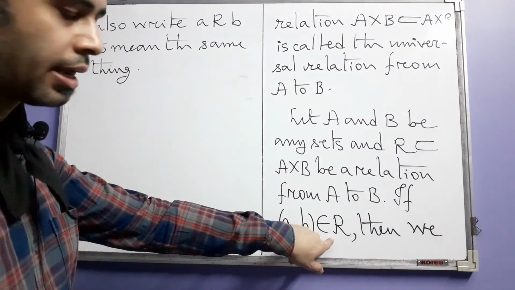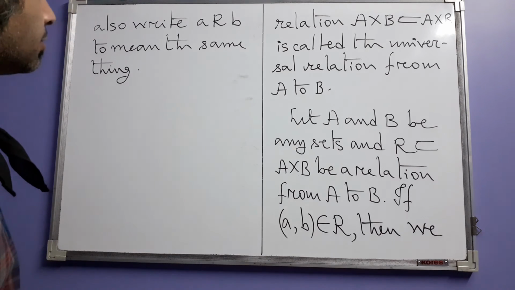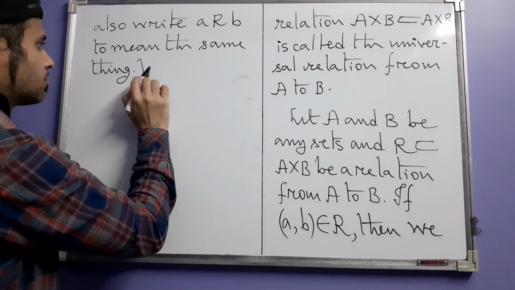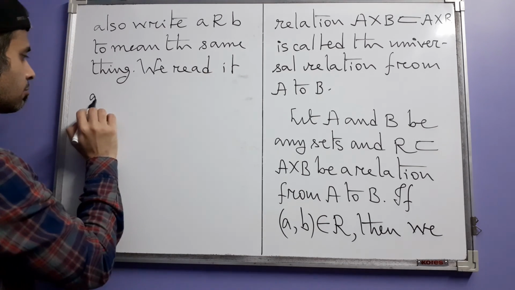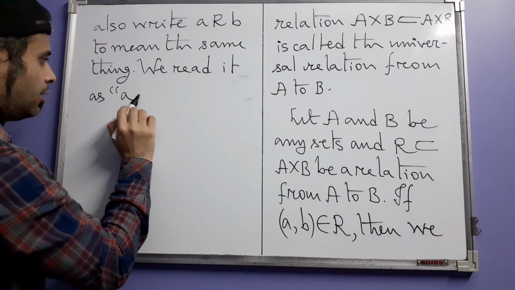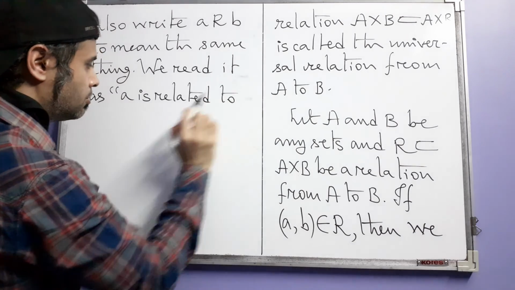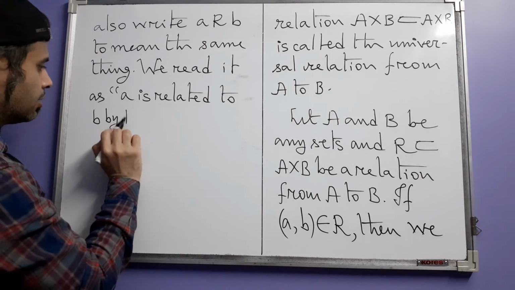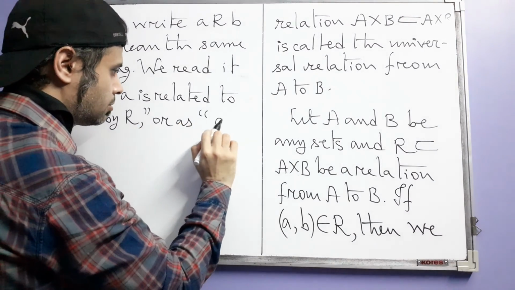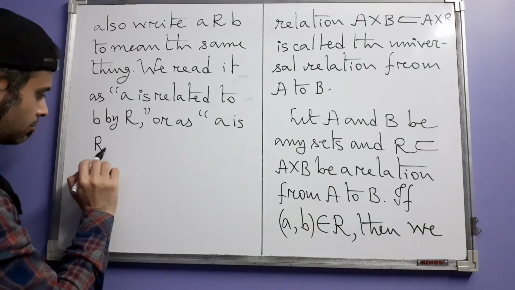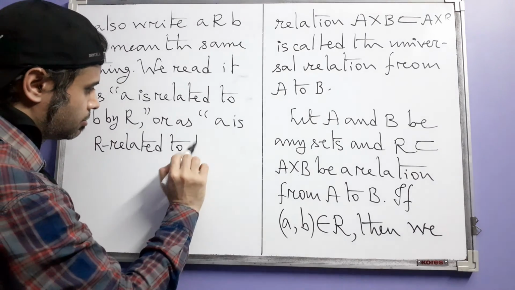Whatever meaning this one has, this notation has the exact same meaning, and we read it as a is related to b by the relation R, or as this, a is R related to b.